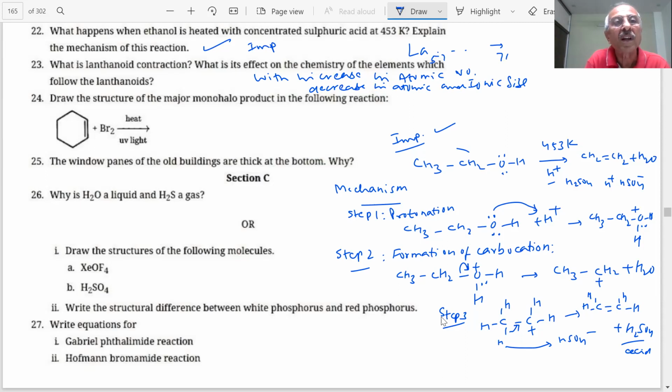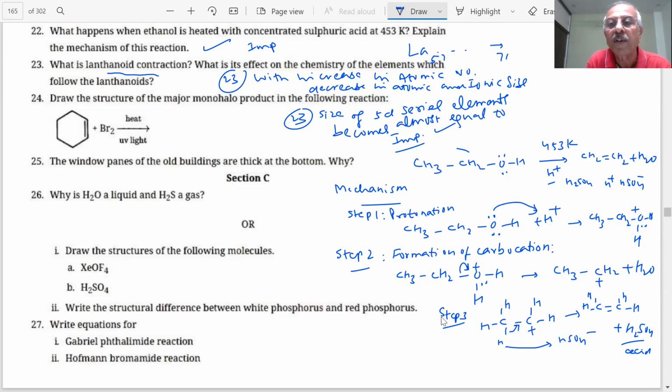This is called lanthanide contraction, student. What is the effect of this? The effect comes in the 3d, 4d, and 5d series. The size of the 5d series elements becomes almost equal to the 4d series.